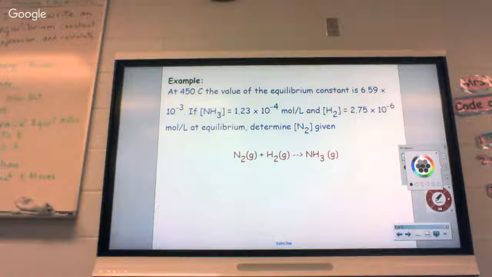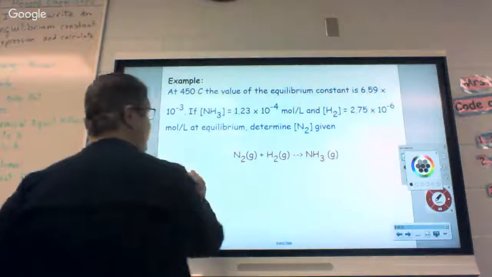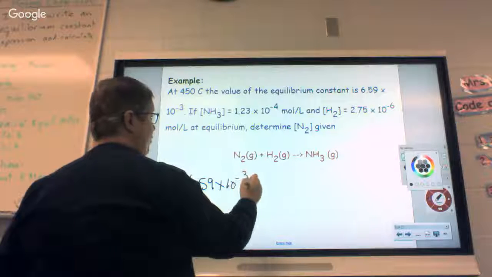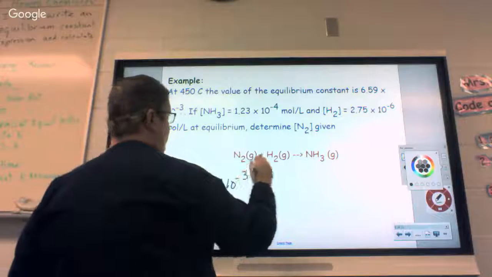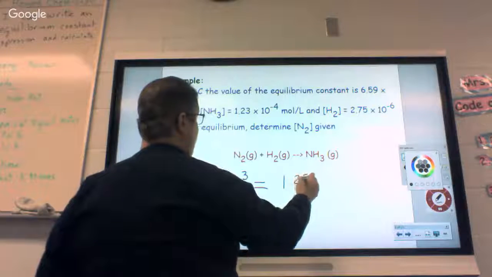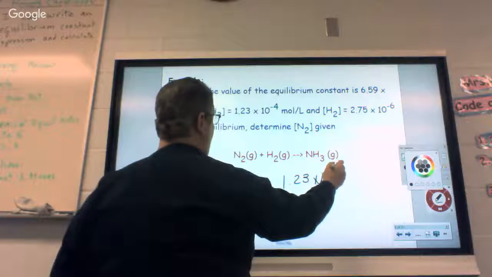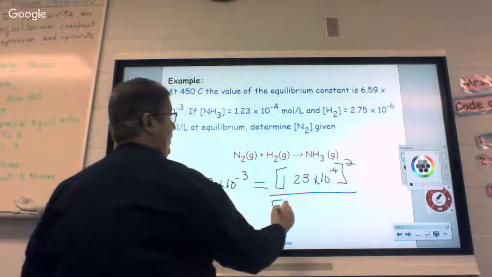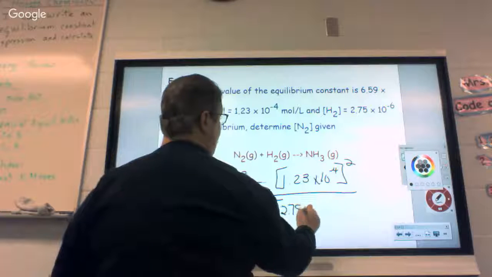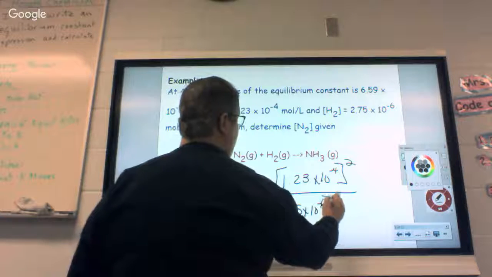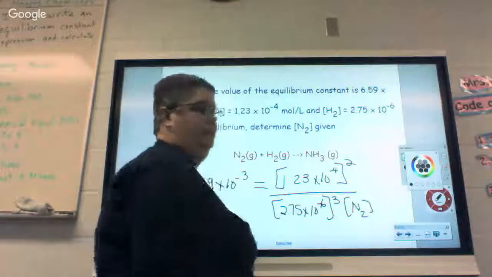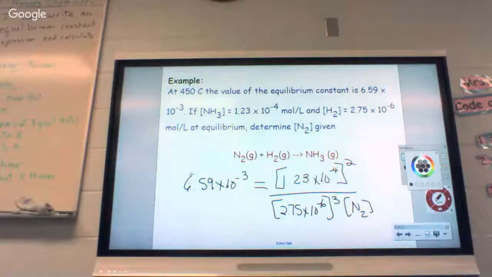When you set it up, I gave you the K. So I gave you 6.59 times 10 to the negative third equals your NH3, which is 1.23 times 10 to the negative 4, squared, over H2, which is 2.75 times 10 to the negative 6, cubed, times 10 to the 6. And then solve.